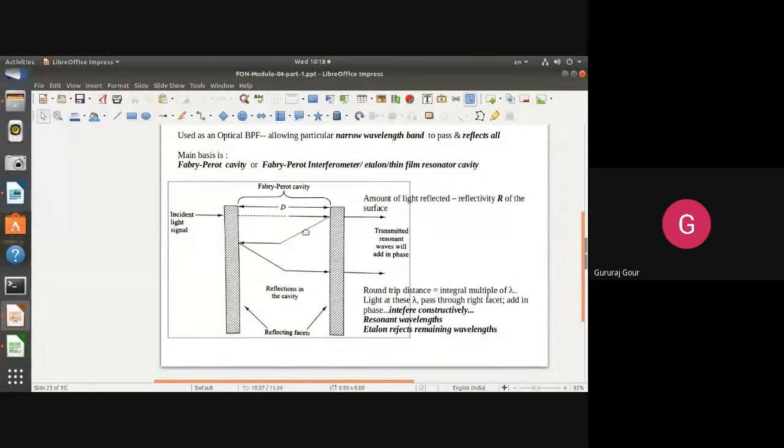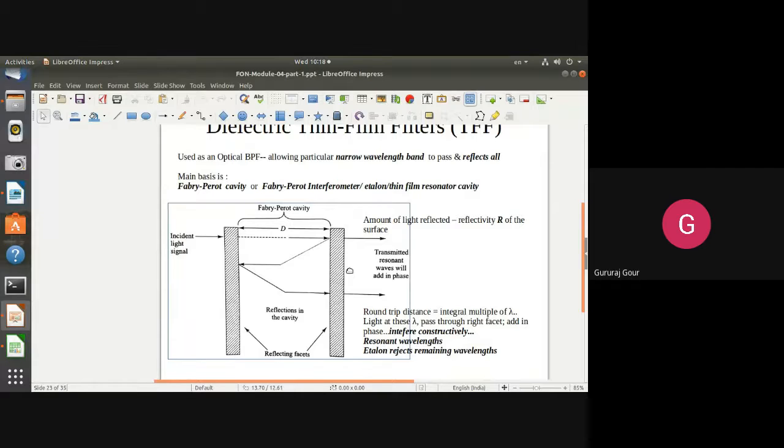You can take this as an example, initially telling that this particular cavity is acting like a soap bubble or a CD, and you try to explain how you are going to get different patterns or shapes of the colors which will exist from bright to dark spots, with the help of the two phenomena, constructive interference and destructive interference.